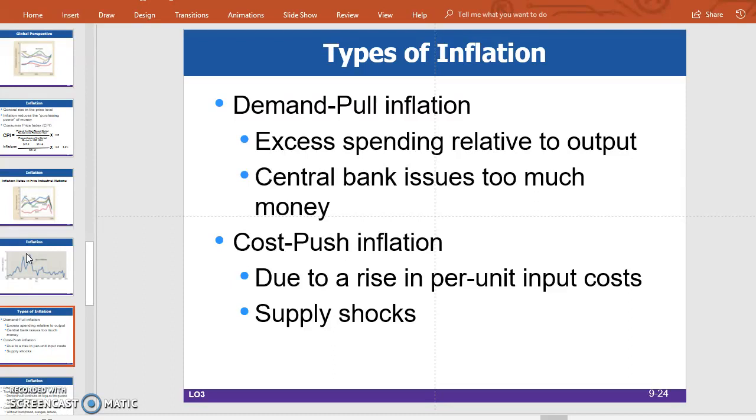Whenever the cost of production increases, producers will absorb part of that increase, but the other part they will pass on to consumers in the form of higher prices. So the price will increase because of a push from the cost side. We call these supply shocks. This is cost push inflation.